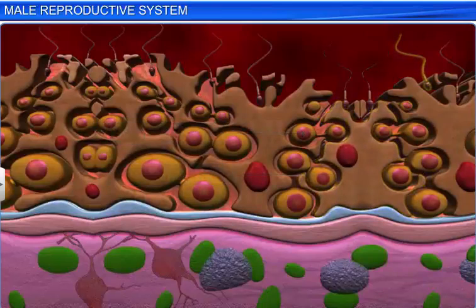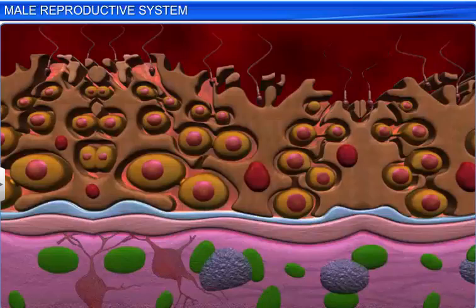The male germ cells undergo meiotic division to form mature sperm cells. This process is called spermatogenesis. The Sertoli cells provide nutrition to the germ cells.